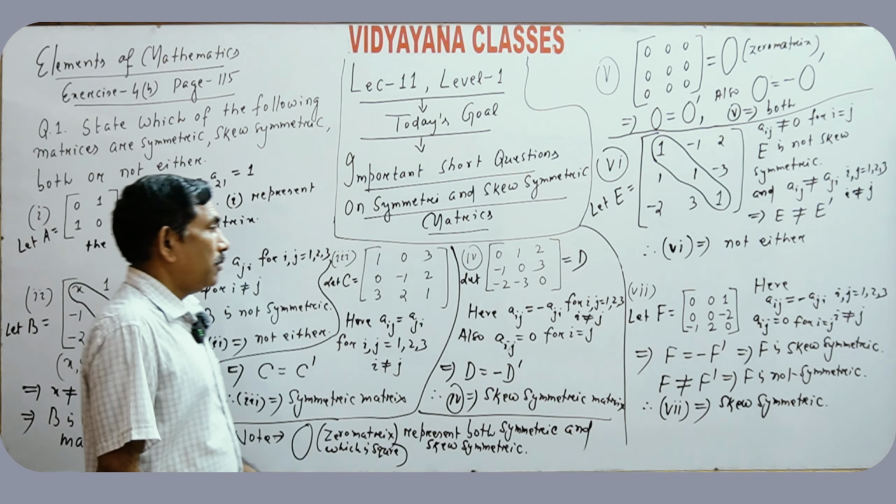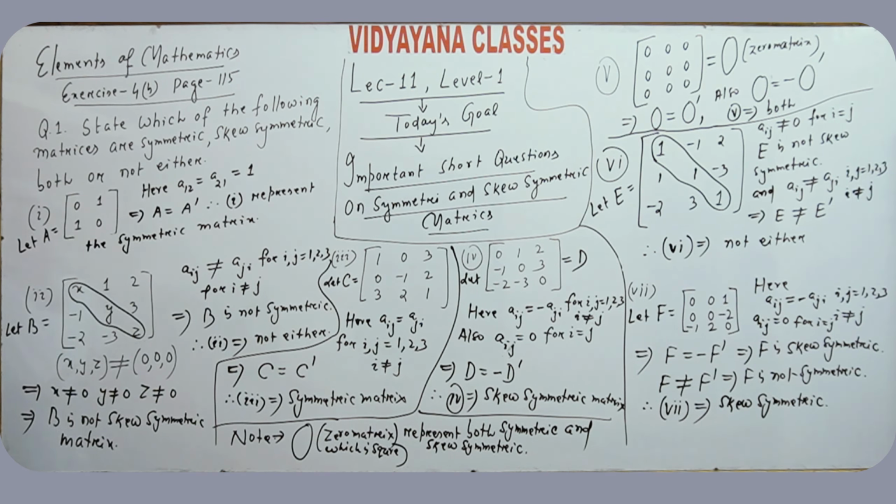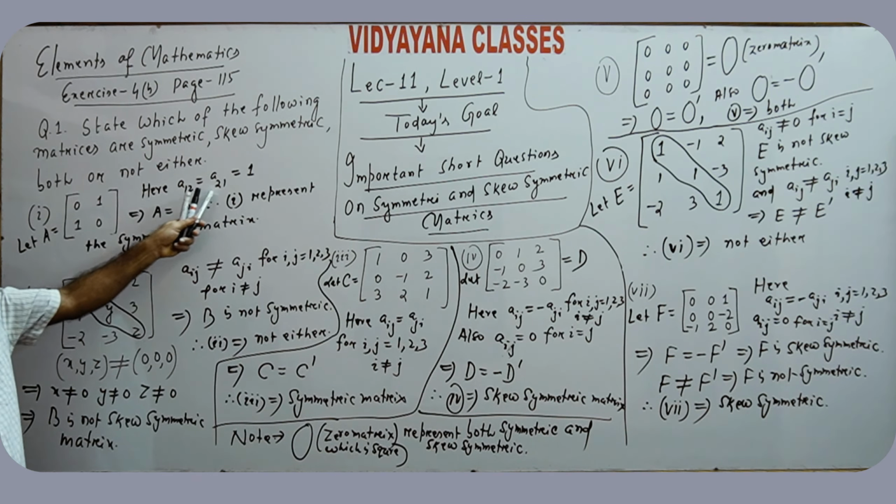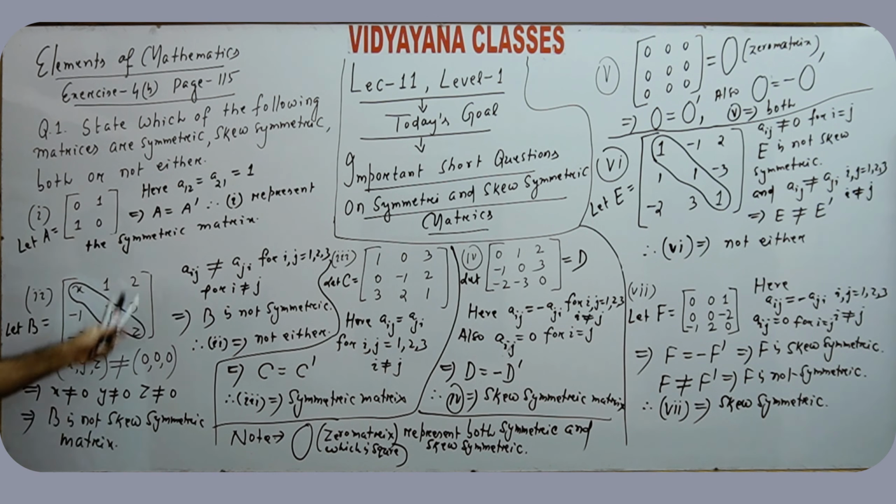Clear? Once again, here A12 is equal to A21. That means A is equal to A transpose. It represents a symmetric matrix. It is the definition of a symmetric matrix.